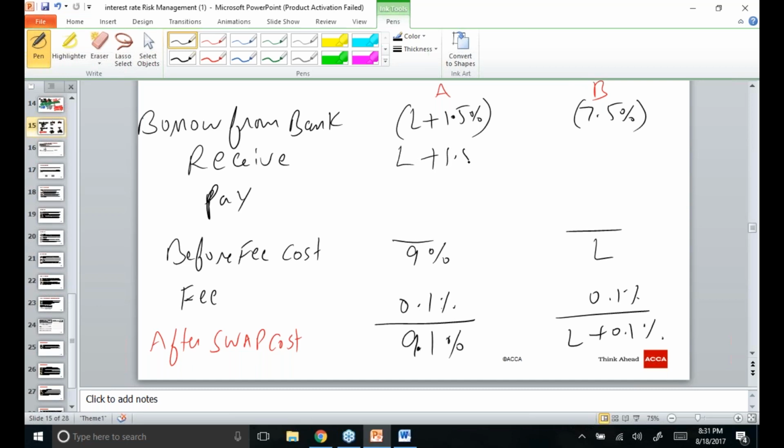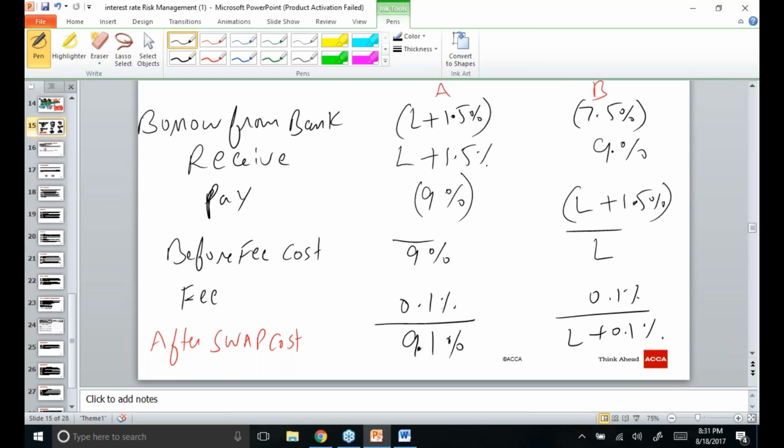You can take the other assumption as well. So company A will receive exactly the 1.5% from the other party. That means the other company will have to pay the same to A, and the balancing figure here is 9%. So A will pay 9% to the other party.